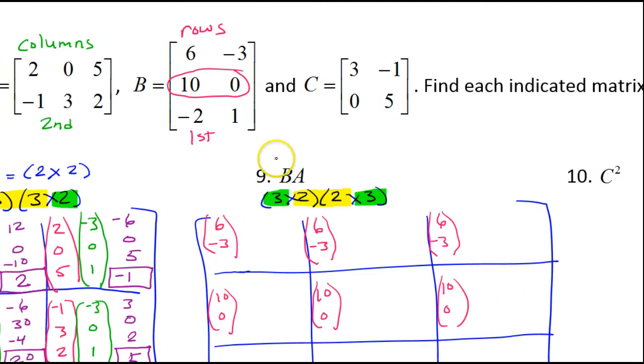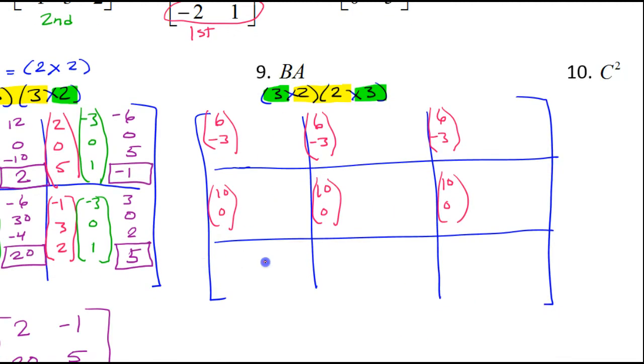The second row gets the second row. And the third row, of course, gets the third row. So that's why I'm going to put -2, 1 all the way across. Alright, so it's just a little quicker if you do this all at once.